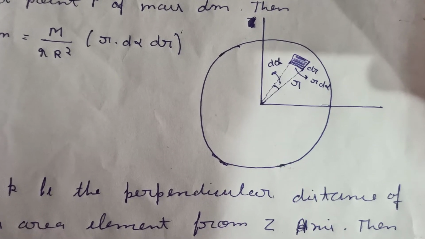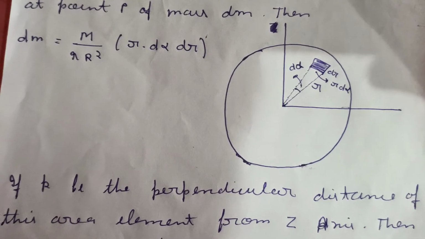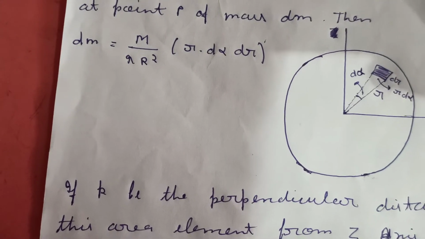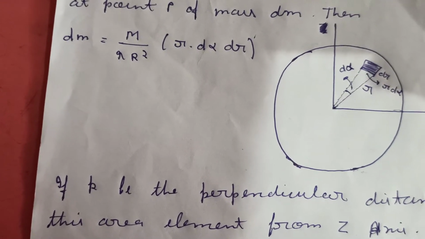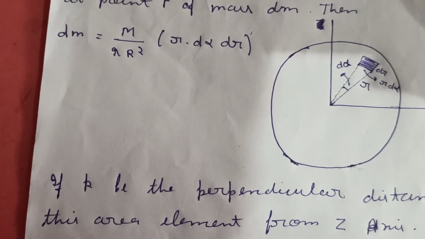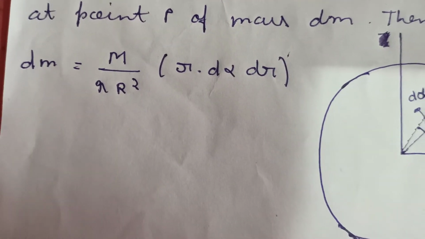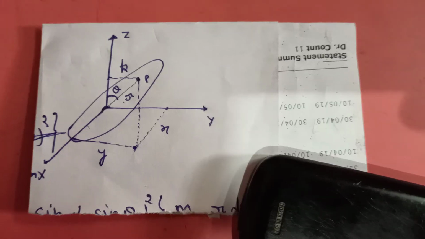So its area is going to be r d alpha dr. Since the total mass of the disk is capital M, the mass per unit area should be M upon pi r square, and dm must be equal to M upon pi r square multiplied by r d alpha dr.